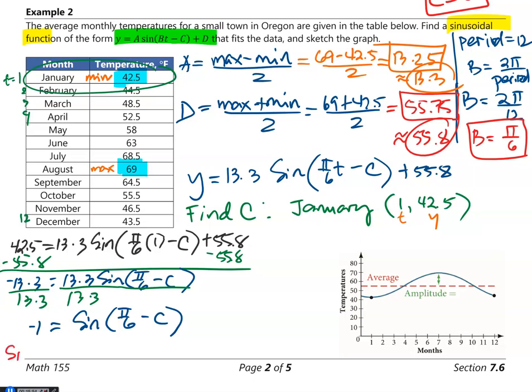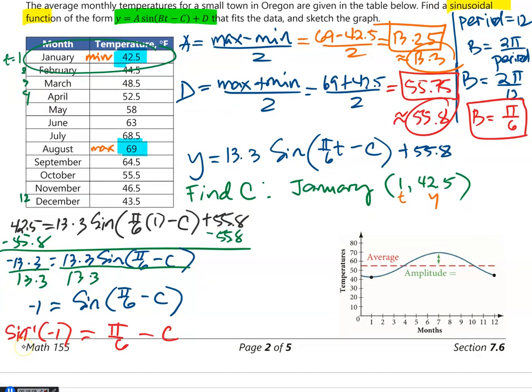So inverse sine of negative 1 is equal to pi over 6 minus c. And inverse sine of negative 1 is negative pi over 2, which is equal to pi over 6 minus c.